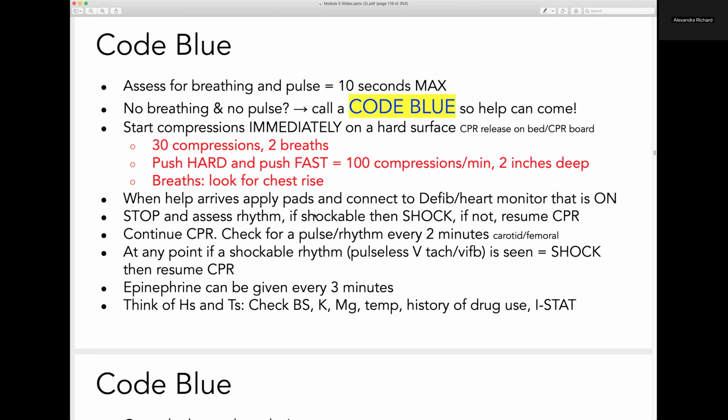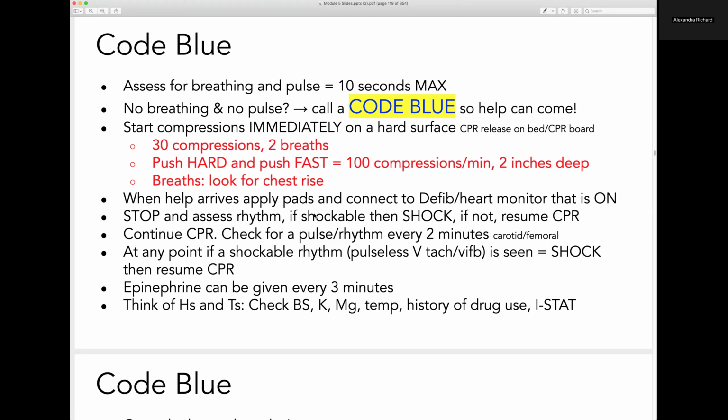So after you call code blue, this patient is not breathing and they don't have a pulse, you need to start compressions immediately on a hard surface. So a soft mattress is not going to cut it. Usually the footboard comes off, and you can slide it under the patient's back.